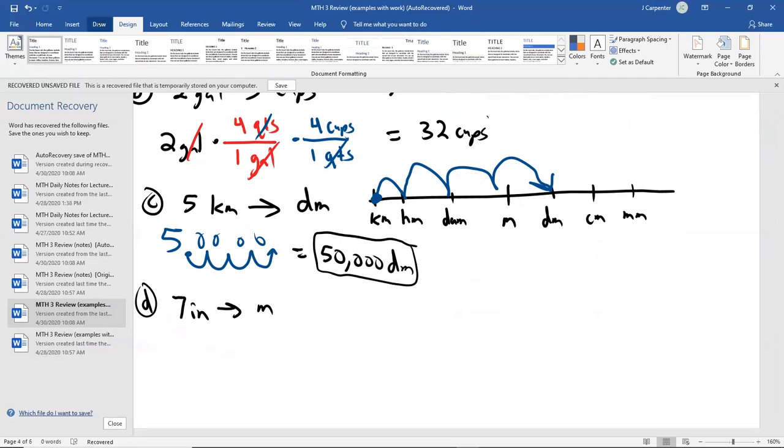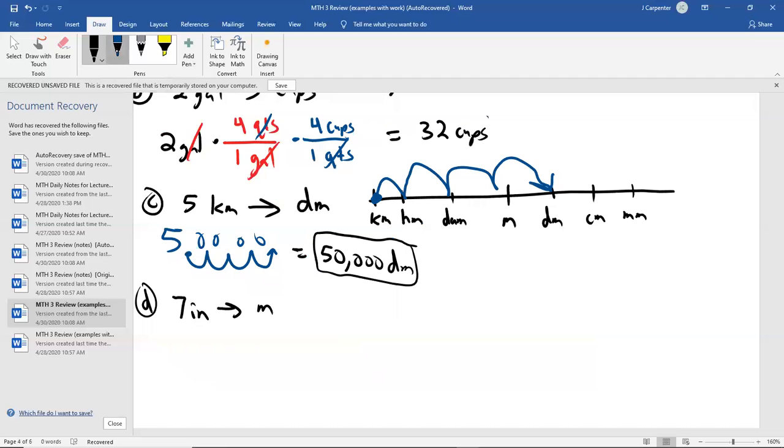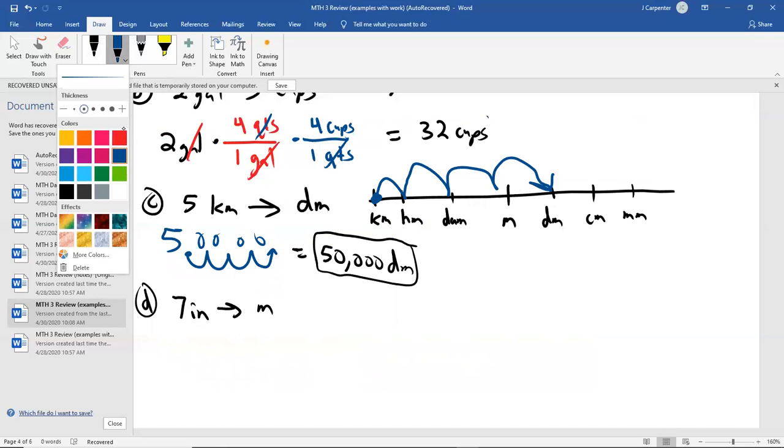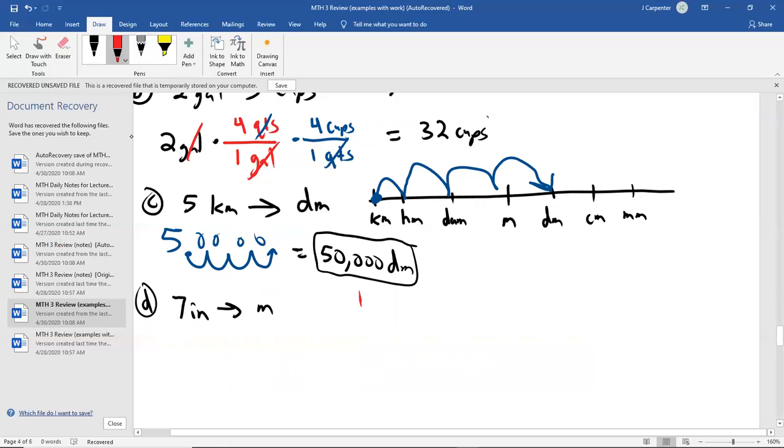Well, when you go to your formula sheet in the metric to US conversion section, you'll see that 1 inch is approximately 2.54 centimeters. But we need to go to meters, so after you get to centimeters, then you can use the metric line, the same one as above.